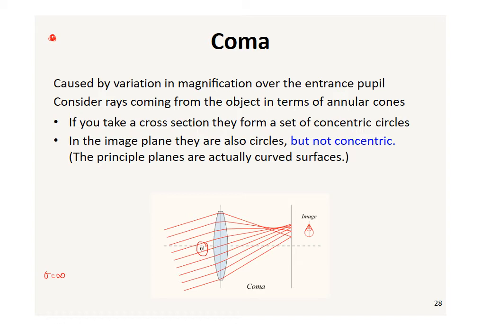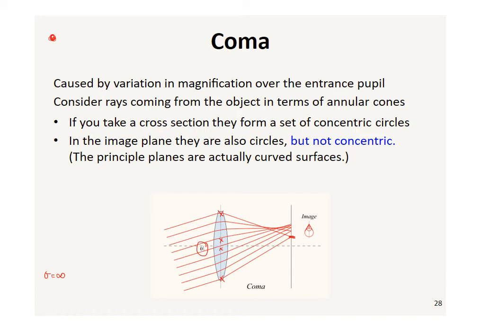Now, what happens in coma is we see a variation in the magnification with the aperture size. So the rays passing through the edge portions here are imaged at a different height, so they're imaged out here, to those passing through the center.